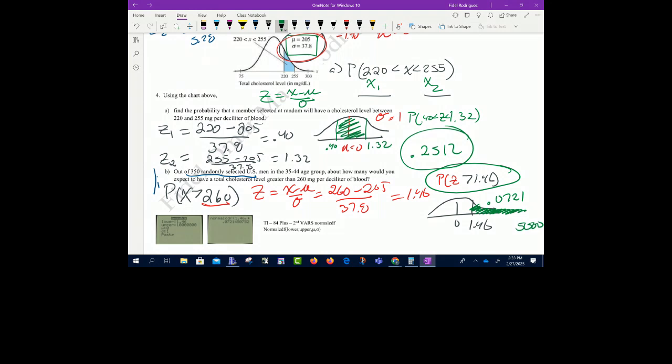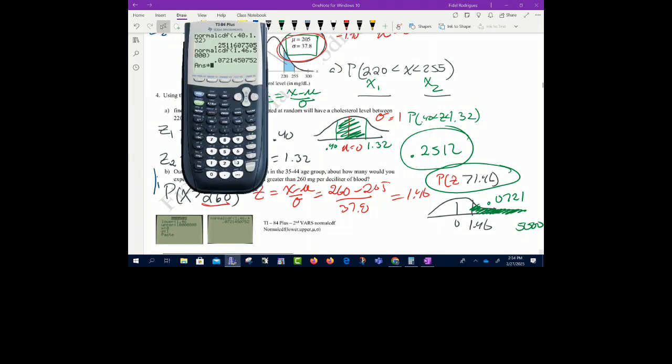Now, one thing I want to mention, y'all, before I go on: we needed to find the probability. But now they're telling us if there were 350 men in this age group, how many of them would have a cholesterol greater than 260? What we need to do now, y'all, is multiply 350 times that 0.0721. That's going to tell us exactly the number of people who are going to have this cholesterol.